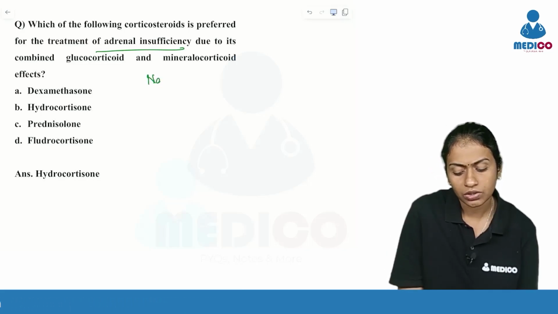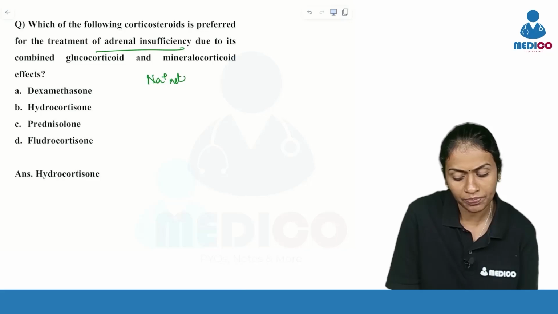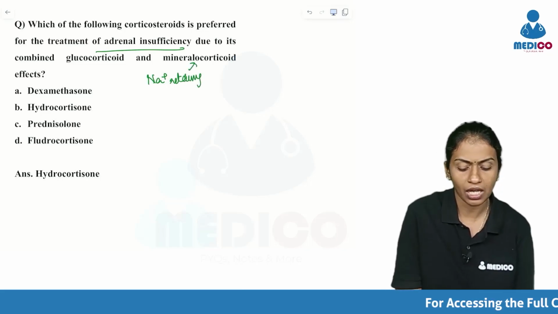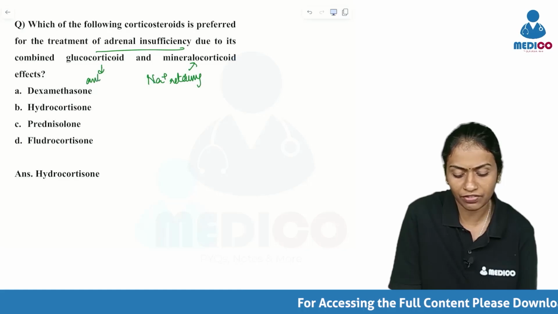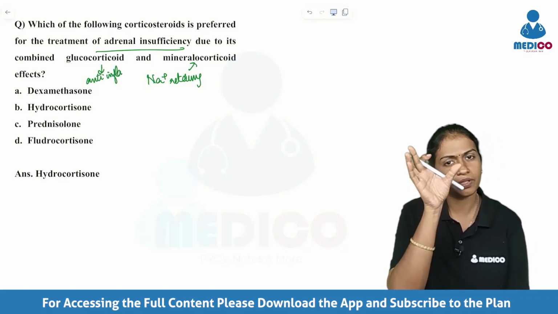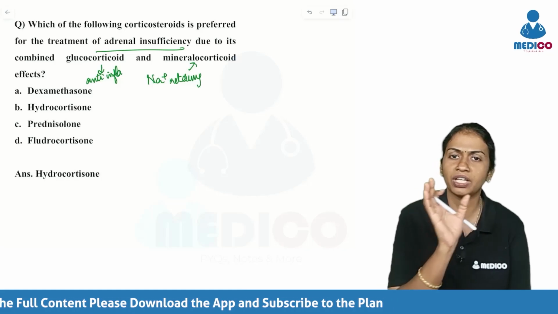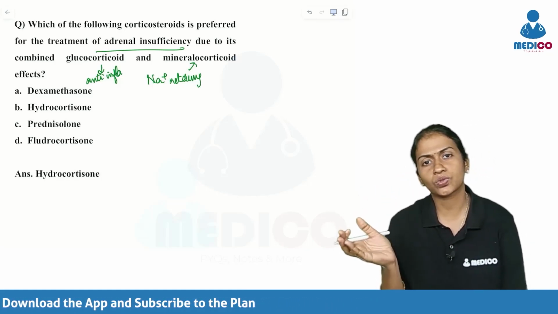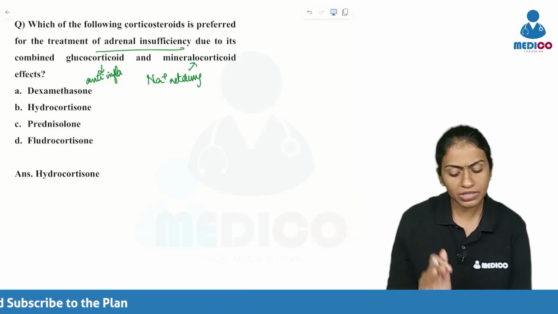One is the sodium retaining property, which is reflecting their mineralocorticoid activity. Other one is the anti-inflammatory action. So for each drug, we have the anti-inflammatory to sodium retaining property ratio.